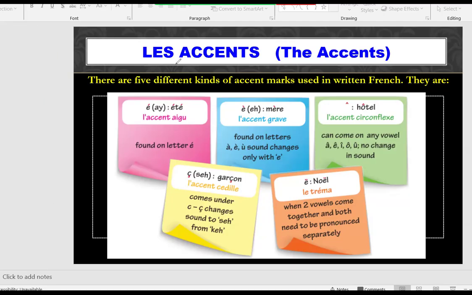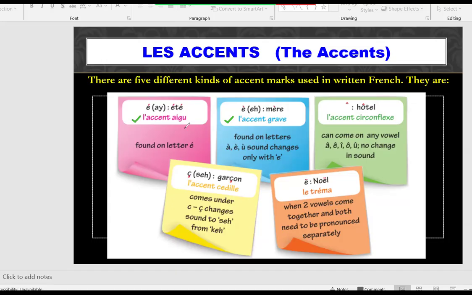Okay, les accents. Now there are 5 different kinds of accent marks used in written French. The most important ones are the accent aigu and accent grave. These two are the important ones. I mean, all are important, but these change the pronunciation.